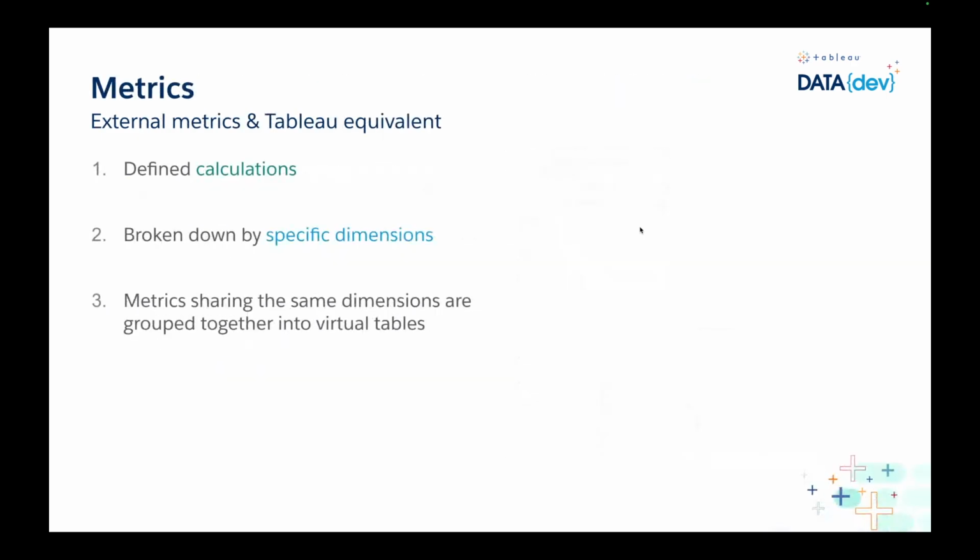So with that, let's turn to talk about metrics. Now that you've seen the flexibility of the Tableau data model and the multi-fact relationship, these are the key elements we needed to bring metrics into Tableau. Before we talk about bringing metrics into Tableau, let's talk about what a metric is.